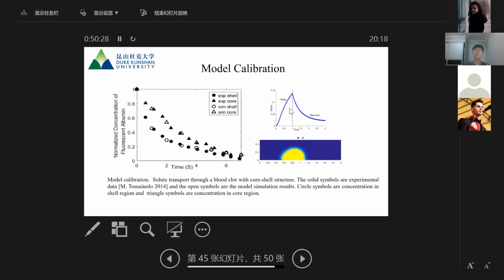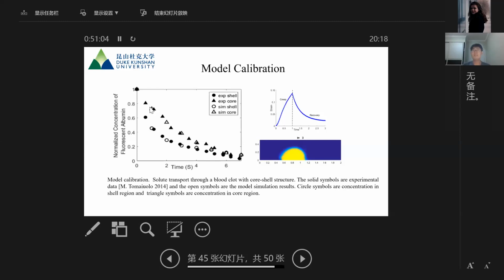There is an experiment in the literature showing protein passing through the core region, shown in the solid triangles, and then passing through the shell region, shown in the solid circles. So the solid symbols are for the experimental results, and my simulation results are shown in the open circle symbols. You can see that they match quite well with each other, to confirm that my model is reasonable, or calibrated.